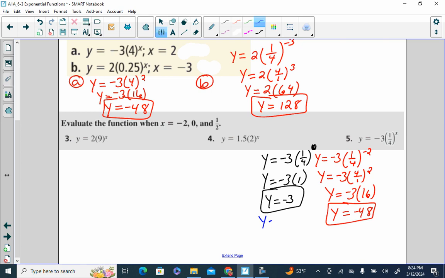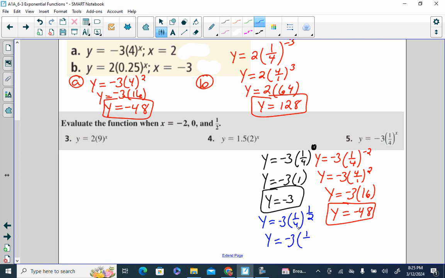So that's going to be y is equal to negative 3 times 1 over 4 to the 1 half power. What is that, 1 over 4 to the 1 half power? So we have to do the square root of 1 over 4. So what is the square root of 1 over 4? Well, the square root of 1 is 1.